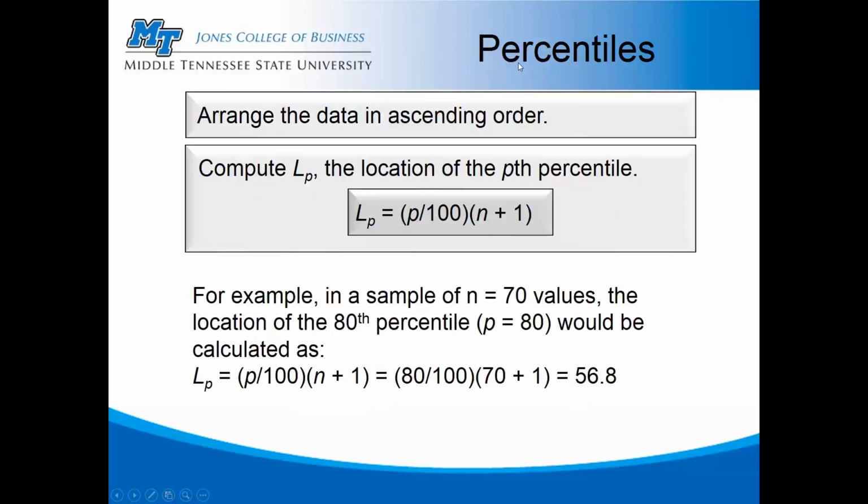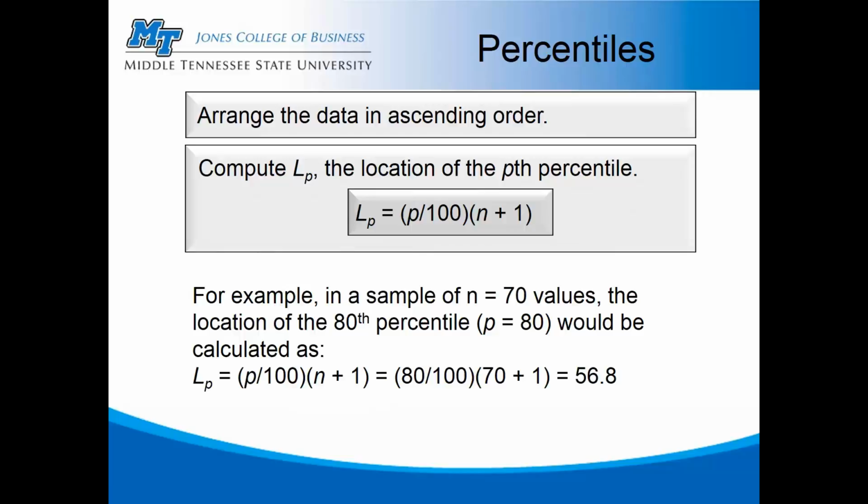Now percentiles, this is a way that you can figure out location percentages of the data values that are smaller than some number. There are also quartiles when you break the data set up into 4 pieces. But we can figure out what's the value such that 25% of the data is less than or equal to this.